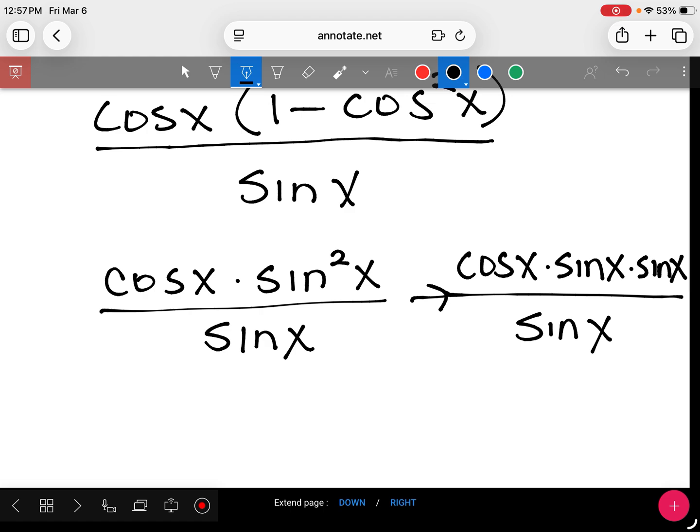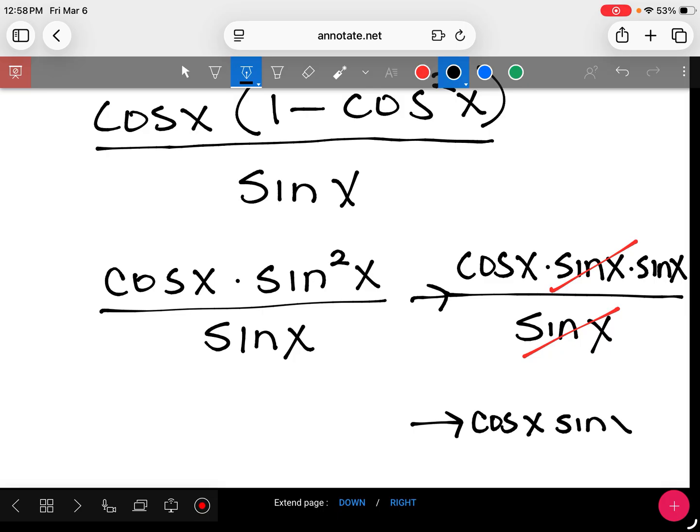That's what I have. I just rewrote it. And now what? Can anything happen? Yes, Robin? Cancel out one sine. And what is that going to leave me with as my final answer? Cosine x times sine x.